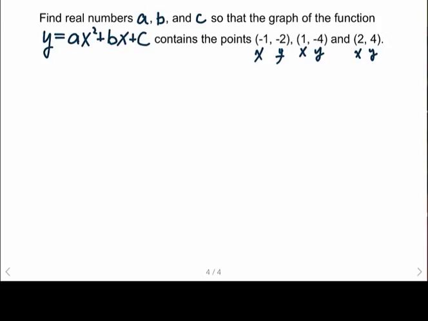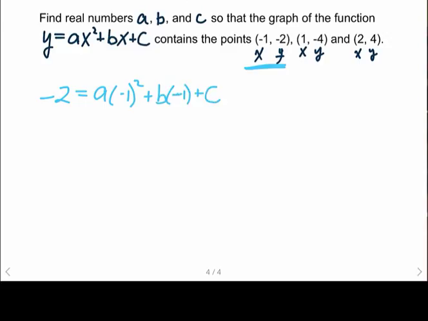Let's look at the first case, when x is -1 and y is -2. And so we end up with an equation that says -2 is equal to a times (-1) squared plus b times (-1) plus c.